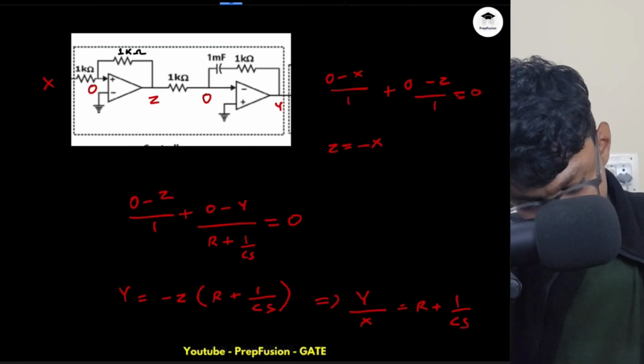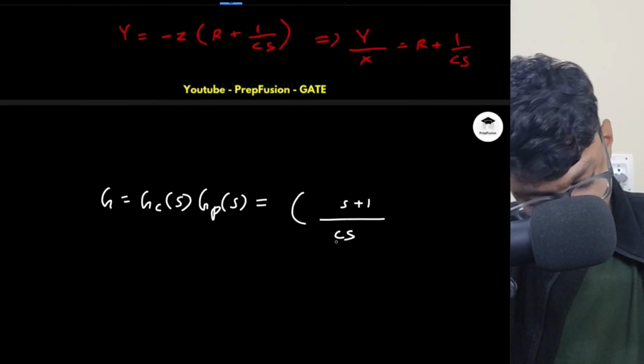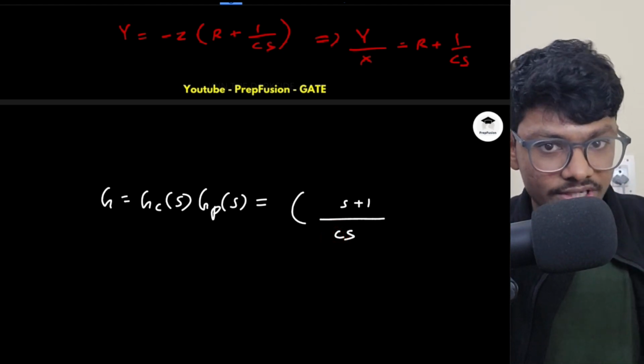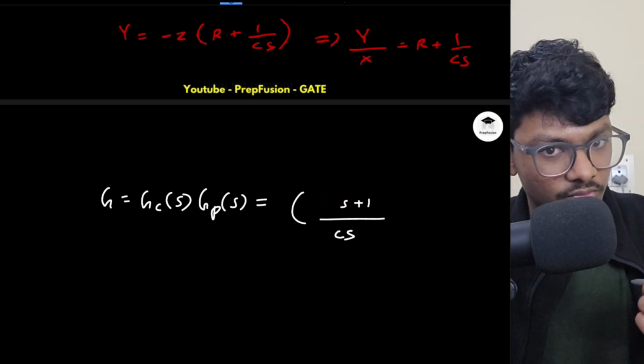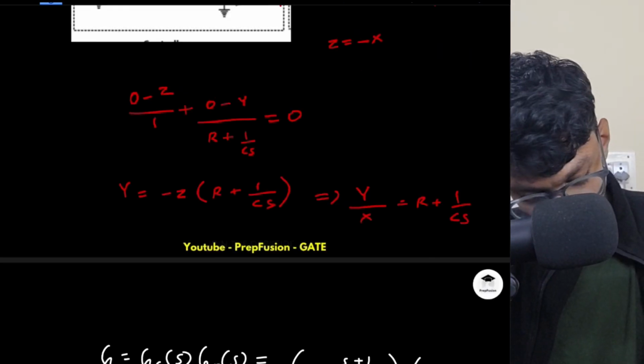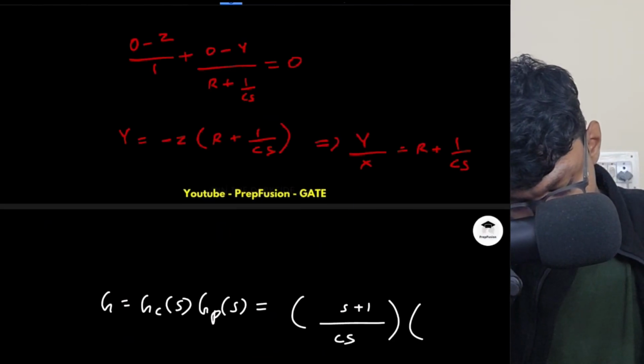Okay. And C is 1 millifarad. Okay, C is 1 millifarad. I will keep the C here for now, the reason being I don't want to write the units as of now. R into C product was simply 1. That's why I replaced R into C with 1. Okay, into the plant transfer function. Plant transfer function is 1 divided by (S plus 1) into (S plus 0.5).